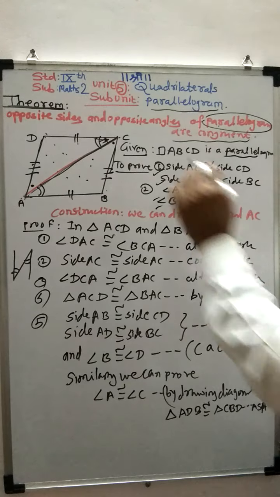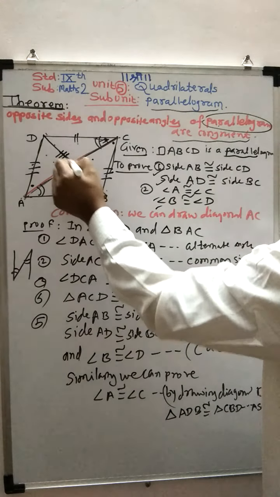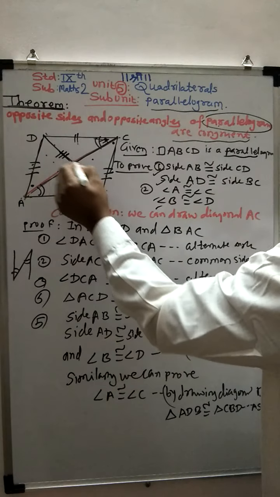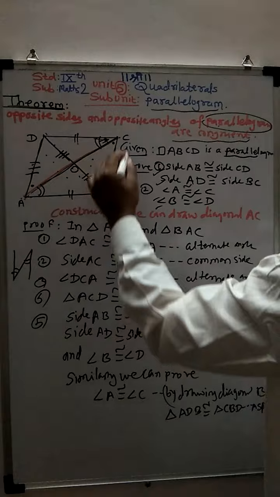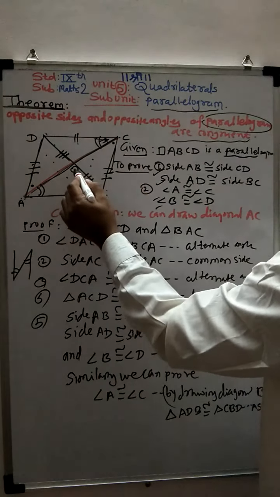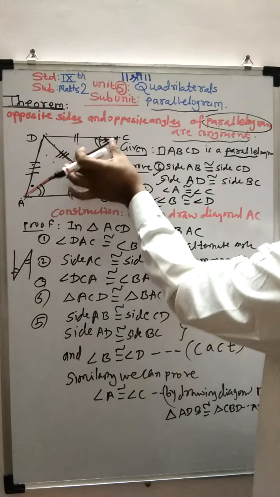Another property: remember that diagonals bisect each other. In parallelogram ABCD, if the diagonals intersect at point O, then OD congruent to OB and OA congruent to OC.